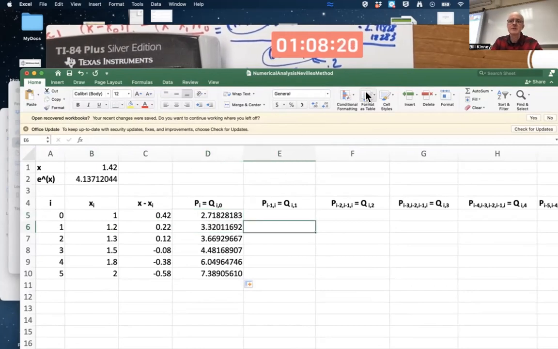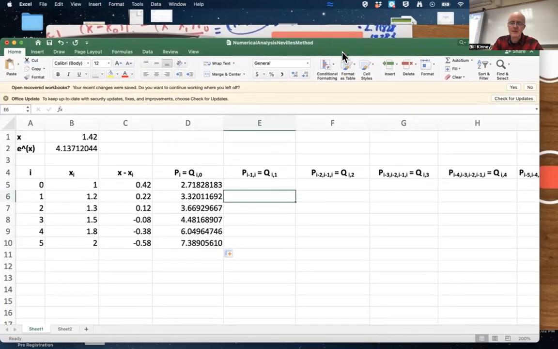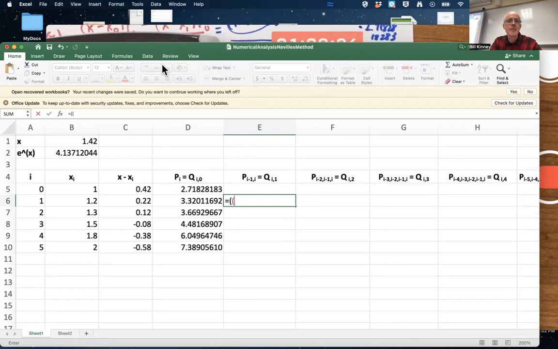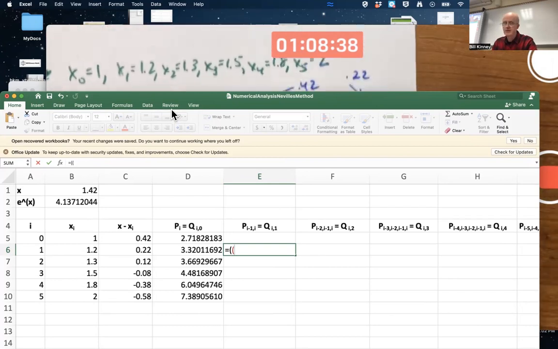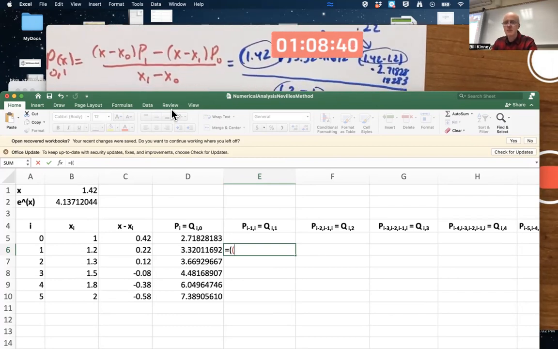So how can we get the spreadsheet to do this? This is tricky. Watch. Maybe rewatch this video or watch the other lecture. Take the x value minus, just like I did by paper. I'm effectively trying to program this here. X minus x0, I already have it in column C right here, C5. I don't need parentheses.